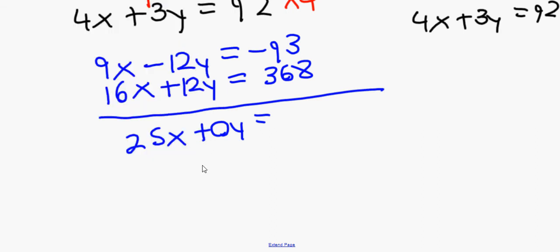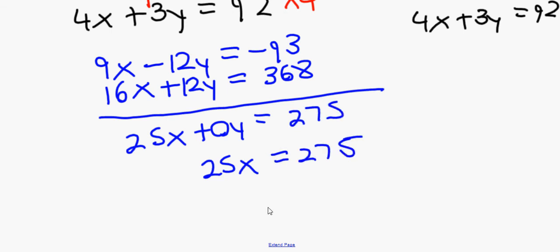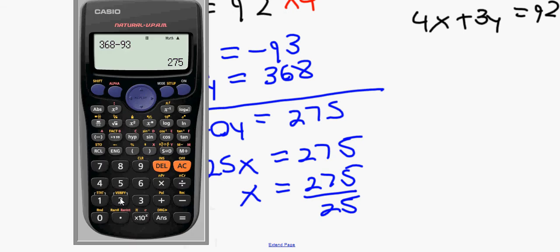So 25x equals 275. So we divide 275 by 25, and what we get there is 11.